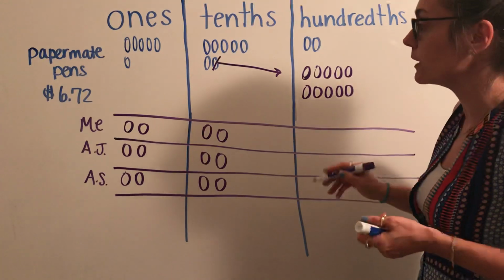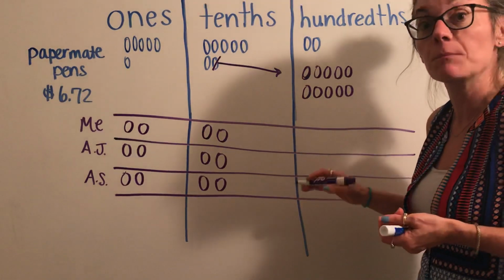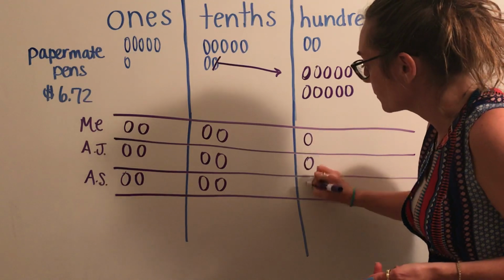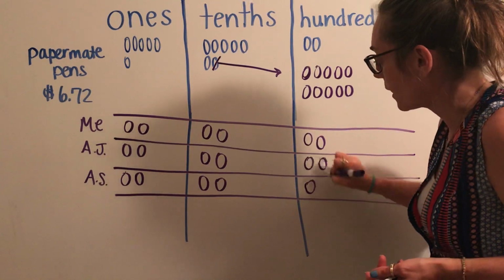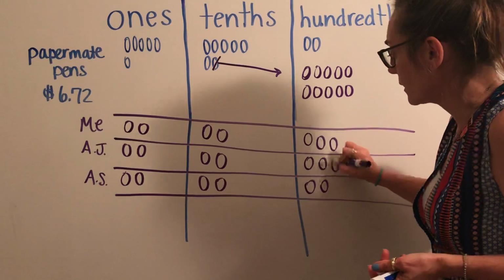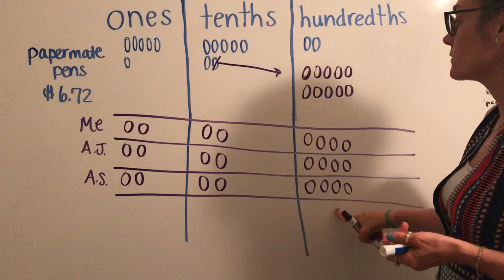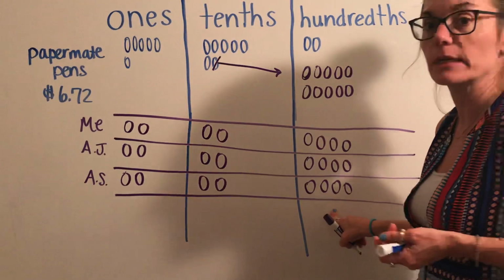I'm going to take those 12 hundredths and split them up between me, Autumn, and Amber equally. 1, 2, 3, 4, 5, 6, 7, 8, 9, 10, 11, 12. That gives each of us 4 hundredths that we need to contribute.